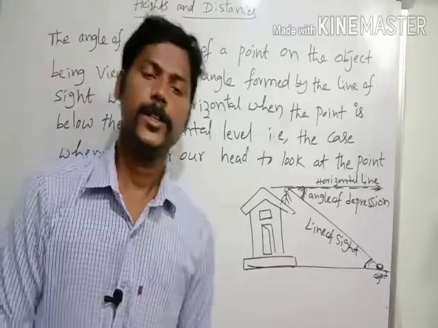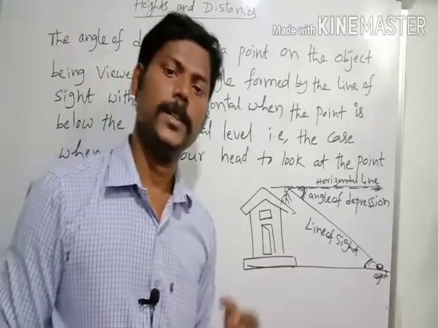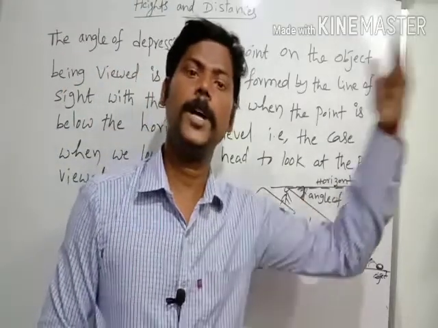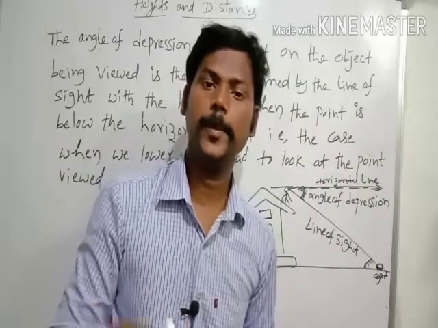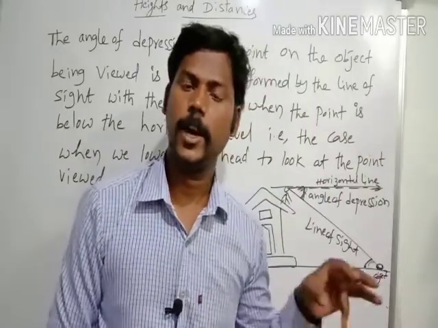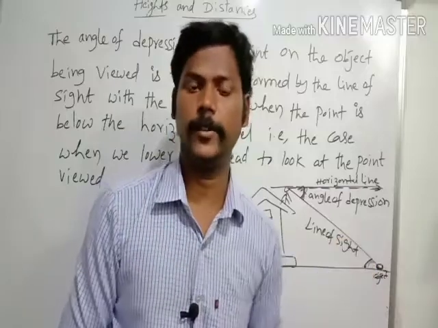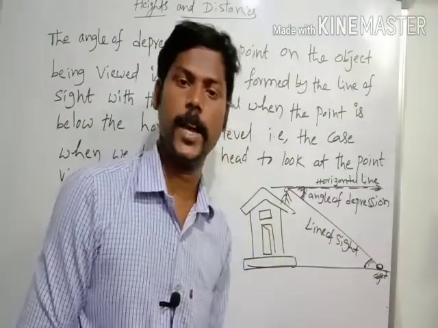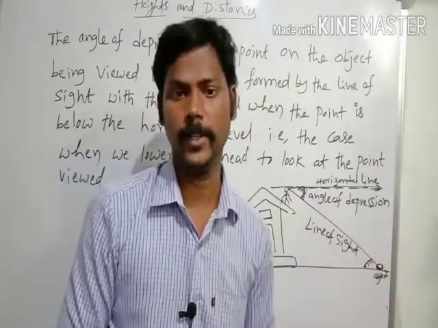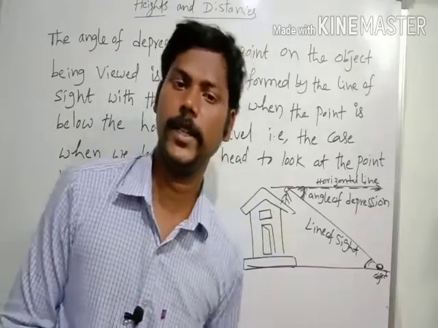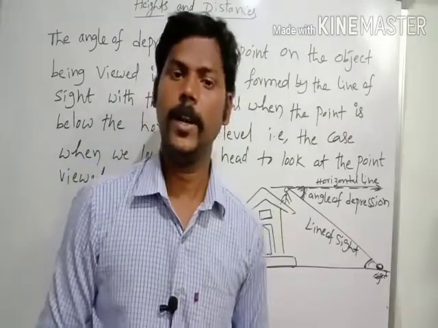Understood? So angle of elevation means the object is above the observer. Angle of depression means the object is below the observer. So here the line of sight is common, the horizontal line is common. So that is called angle of elevation and angle of depression. Understood?